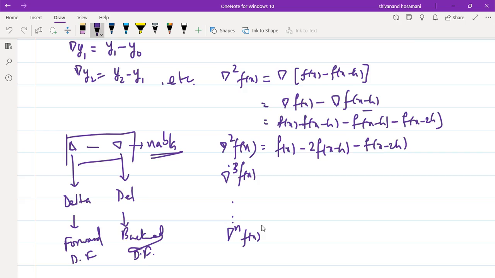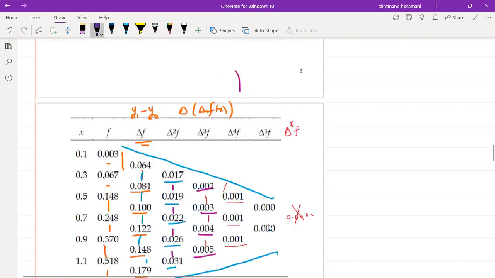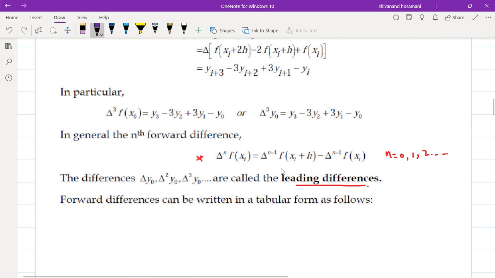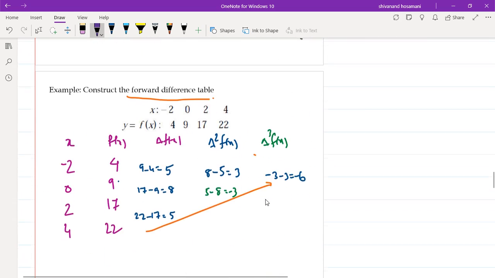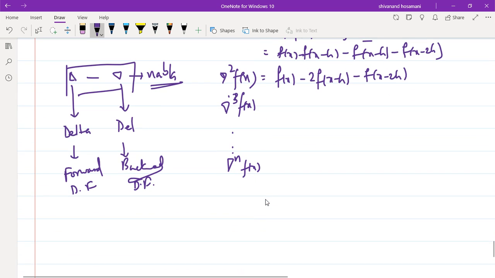as same as we have done in the forward difference operator. Here we have seen the nth order forward difference operator, and in the same way we are going to have the nth order backward difference operator.